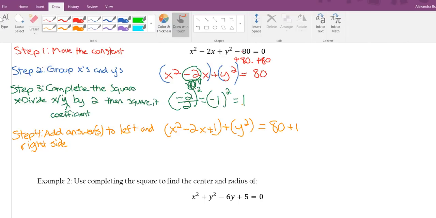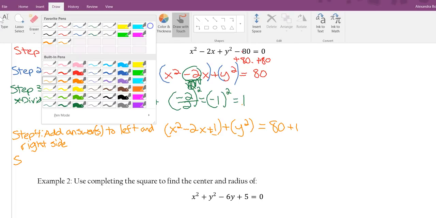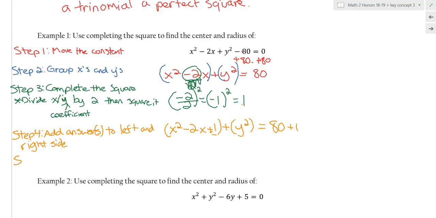Step 5. Write as x plus or minus h squared, and then y plus or minus k squared.